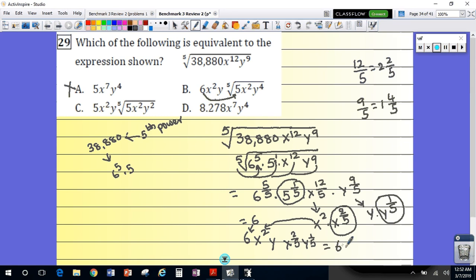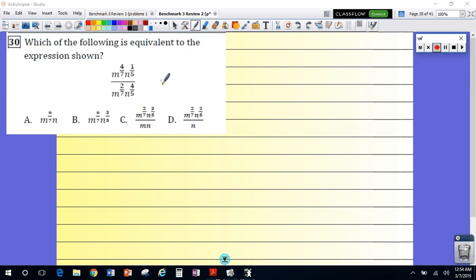So this answer is 6x square y. Both 5's you bring out, so fifth root of x square y. So that will be your answer. So option B is right.